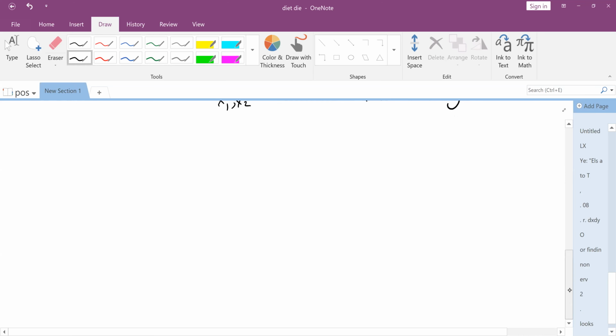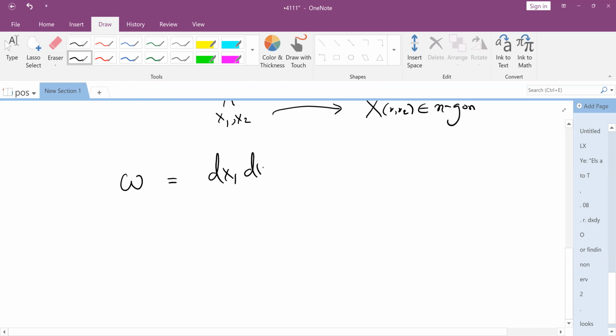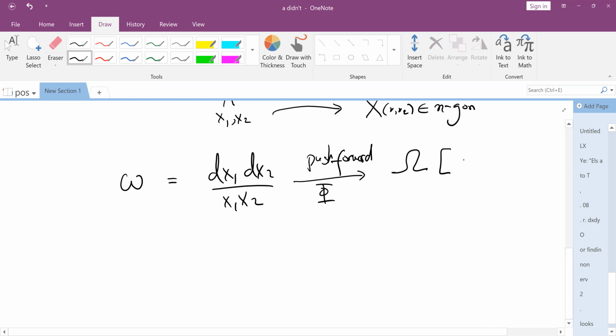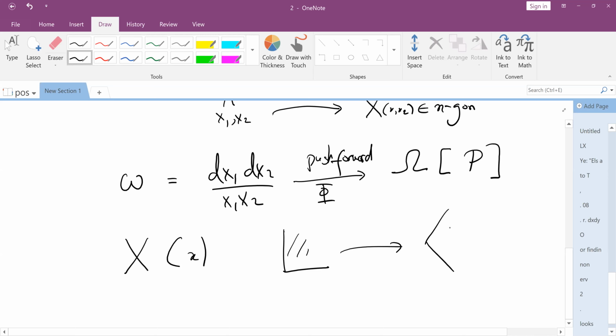But then there's a beautiful fact, which is that if you take the simple form dx1, dx2, the one here, then you can push this forward with phi to get the canonical form for the geometry that you map into. Literally, the mapping gives me some point X, which is a function of the little x's. This is the map from the simplex into the positive geometry.